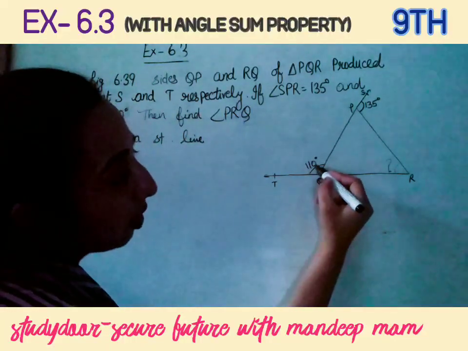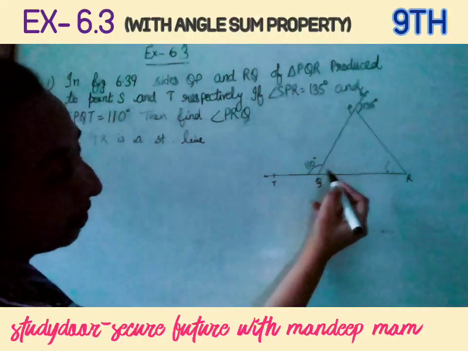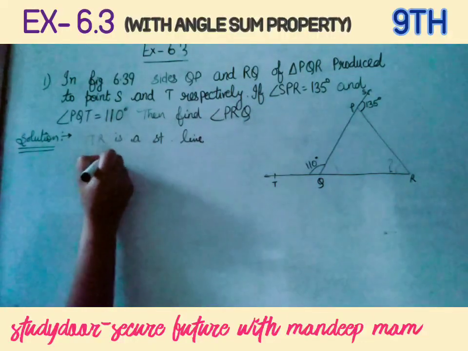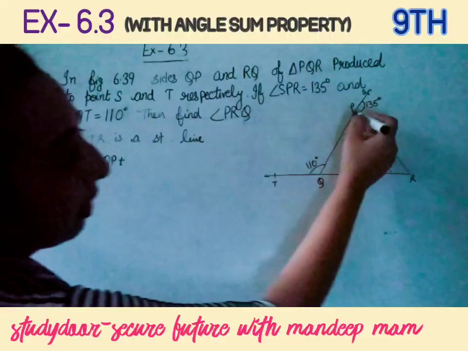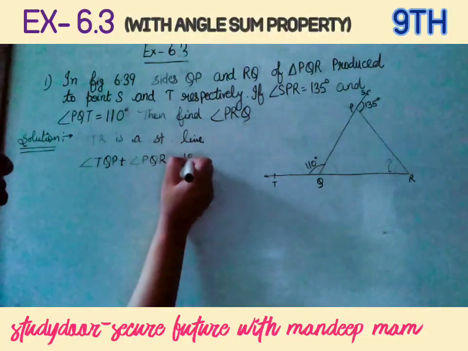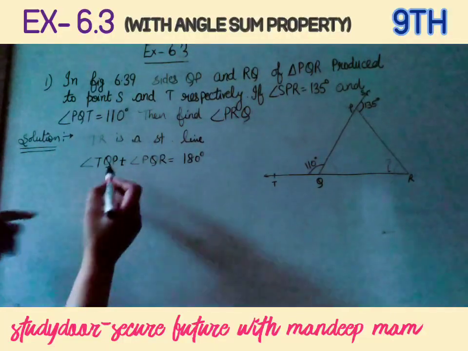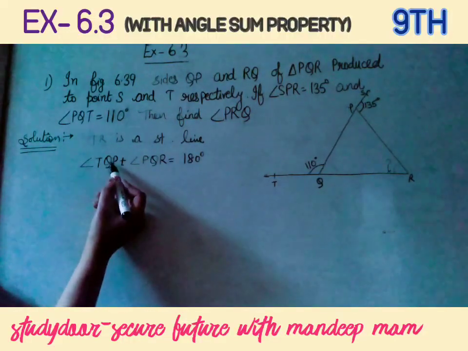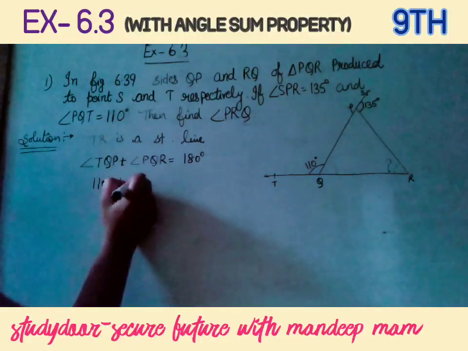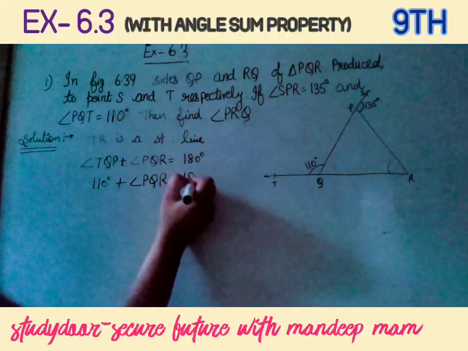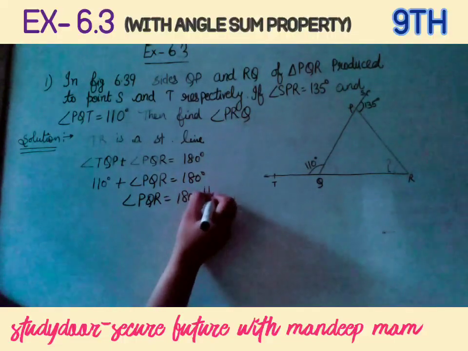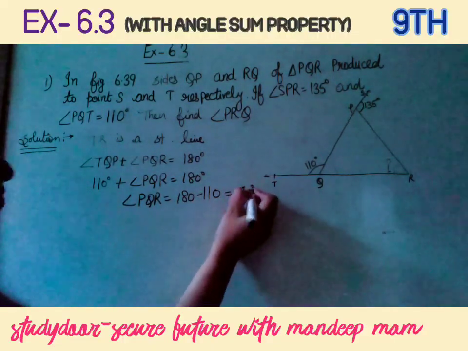So we know that the sum of angles of a linear pair is 180 degrees. So angle TQP plus angle PQR is equal to 180 degrees. Angle TQP or PQT, both are the same, is 110, so 110 plus angle PQR is equal to 180. Angle PQR is equal to 180 minus 110, that is 70 degrees.